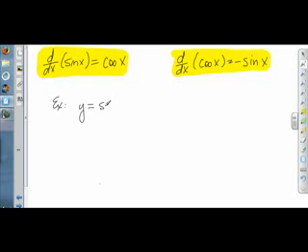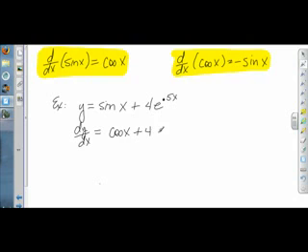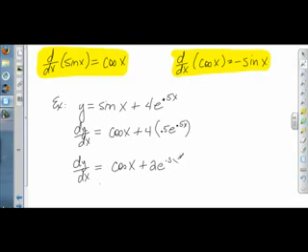If we have y is equal to sine of x plus 4 times e to the 0.5x power, then the derivative of this equation y with respect to x: derivative of sine is cosine, and then we'll have 4 times the derivative of e to the 0.5x power, which would be 0.5 e to the 0.5x, and then simplified, this is cosine of x plus 2 e to the 0.5x power.